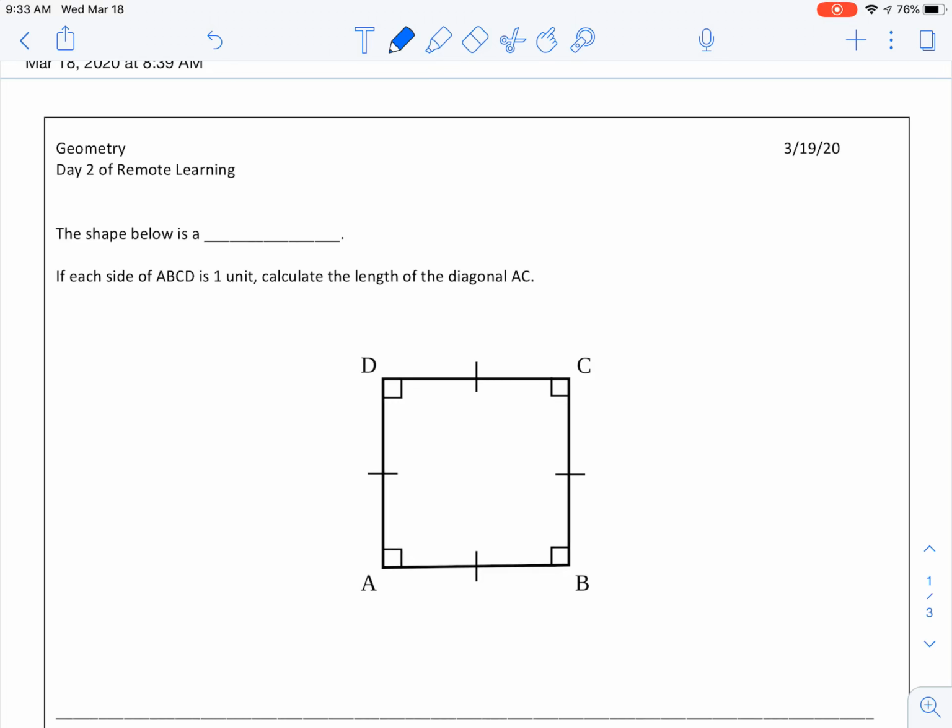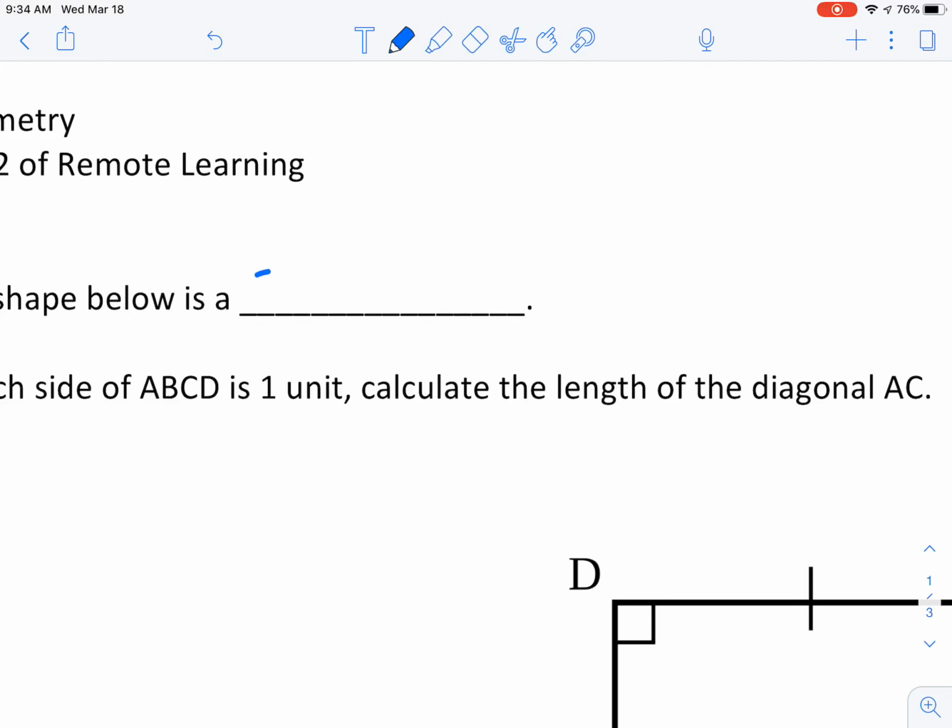Here is a quick lesson on a couple of important triangles we're going to be using in this class. If you look at the worksheet that you will complete later, it says the shape below is a, hopefully you look at it and you say this is obviously a square.